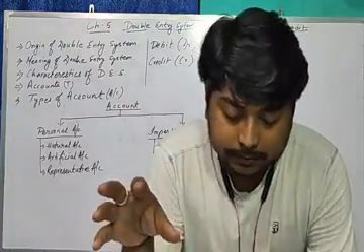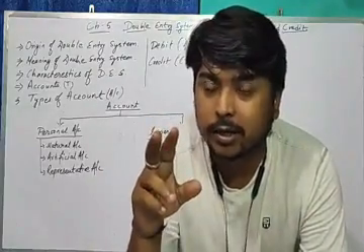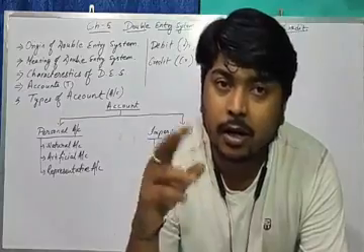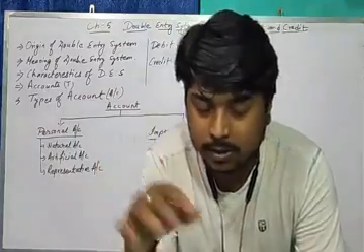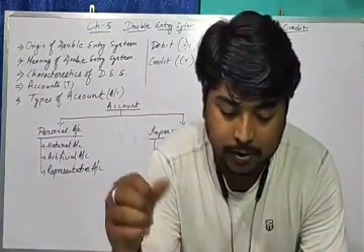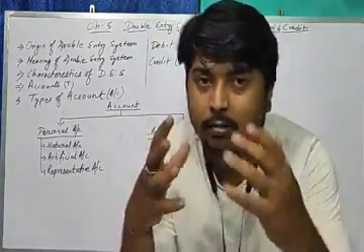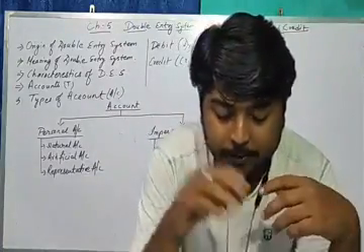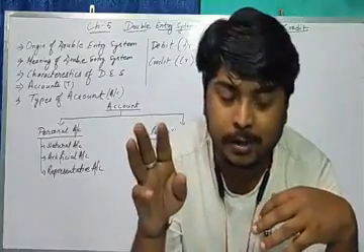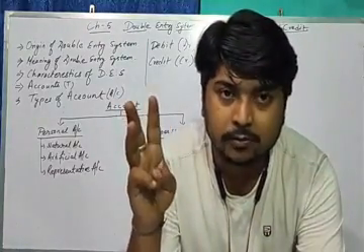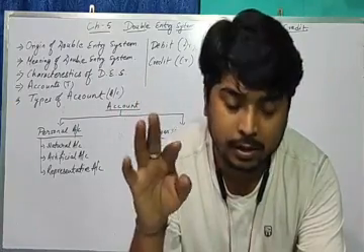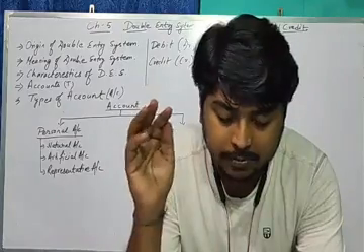So accounts are subdivided into two categories: personal and impersonal. In personal accounts, there are three types: natural, artificial and representative.